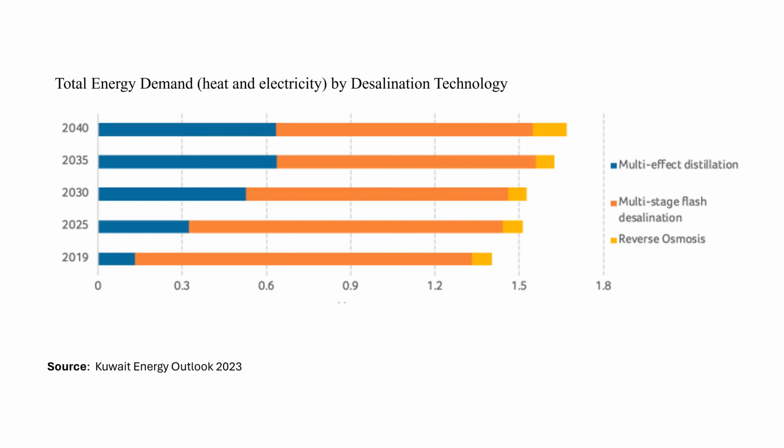Regarding total energy demand by desalination, most of the energy goes to multi-stage flash, and less to reverse osmosis and multi-effect distillation. So thermal energy is used a lot for these technologies, and the focus will be on it from the nuclear energy perspective. Also, if we predict that reverse osmosis is going to increase a lot in the future, which uses electrical processes, we have to consider that as well.